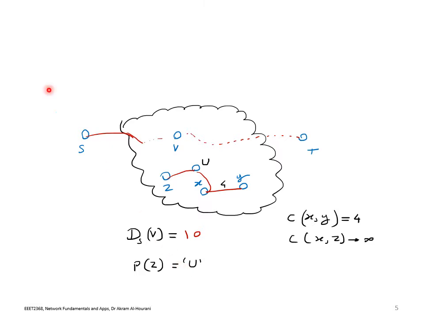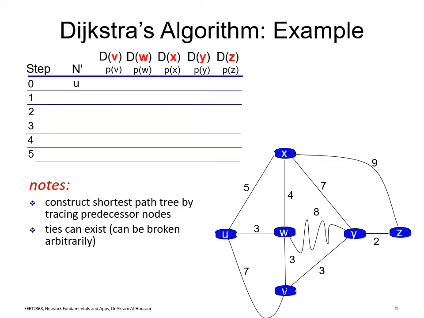Perhaps the best way to understand Dijkstra's algorithm is to go through a worked example. So what we have here is a network composed of 6 nodes. Note here that the nodes can be denoted as numbers or could be denoted as letters. What we are going to do is go through Dijkstra's algorithm.